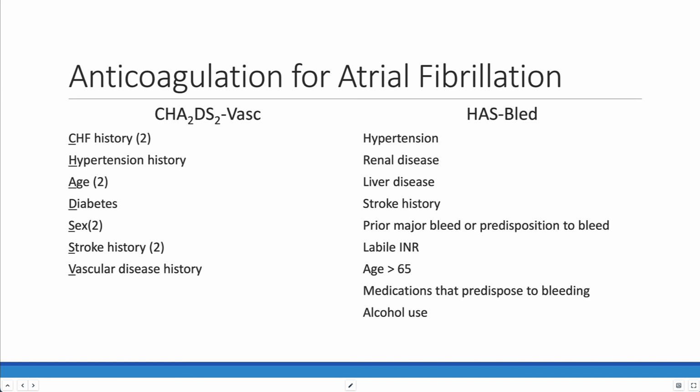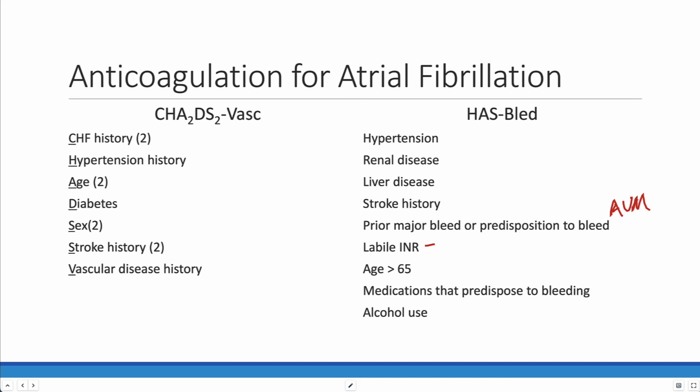Predisposition to bleeding, like AVMs, arteriovenous malformations. Labile INR, you know, those patients who we put on Coumadin and their INR is 12, and then we play around with it and their next INR is 1.1, and it just is a continual nightmare.